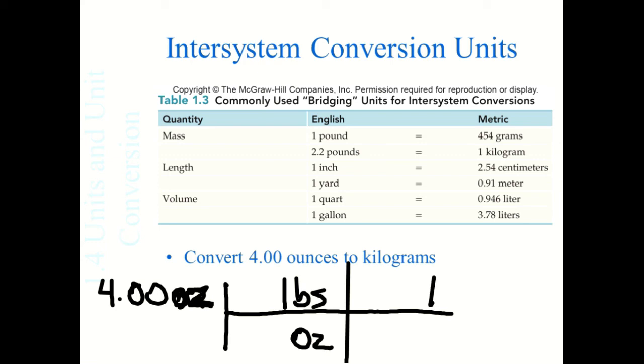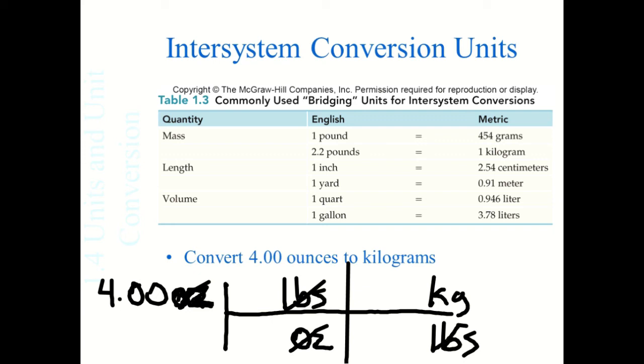After I go to pounds, what am I going to convert to? Kilograms, from the pounds. I am doing it all in one step because I want to understand if I'm doing the right process. Ounces to pounds to kilograms. That's the process I want to follow.